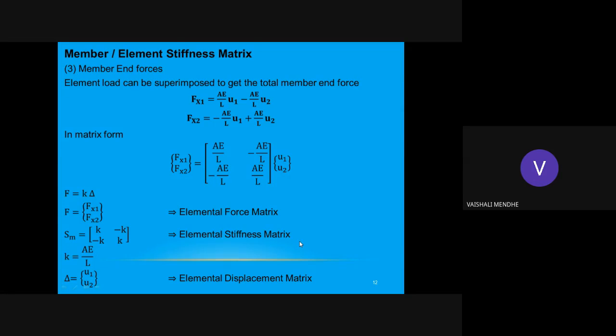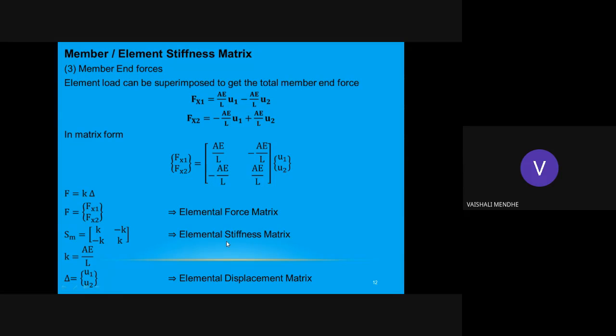Global axis is a universal set of axes, and local is different for every member. The first derivation is utilized for every member along the local axis, that is the stiffness matrix.